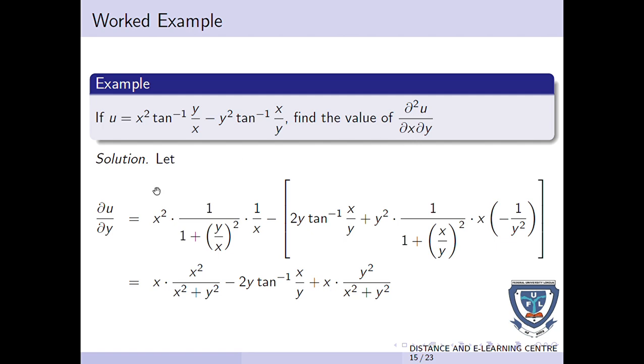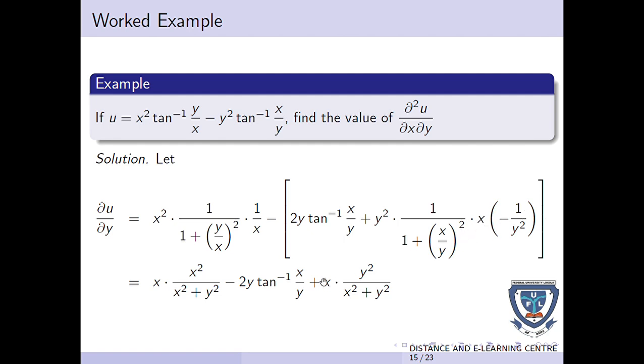Solution. Let us find partial u partial y, which equals x squared times 1 over 1 plus (y over x) squared times 1 over x, minus 2y arctan(x over y) plus y squared times 1 over 1 plus (x over y) squared times (minus x over y squared).